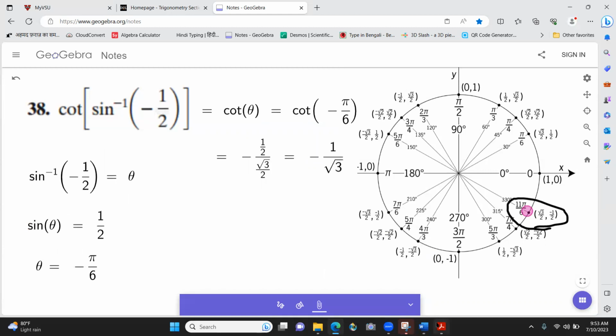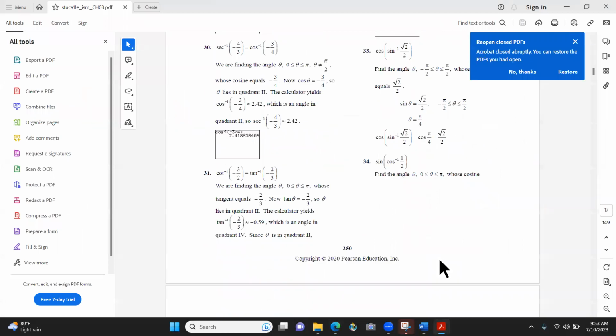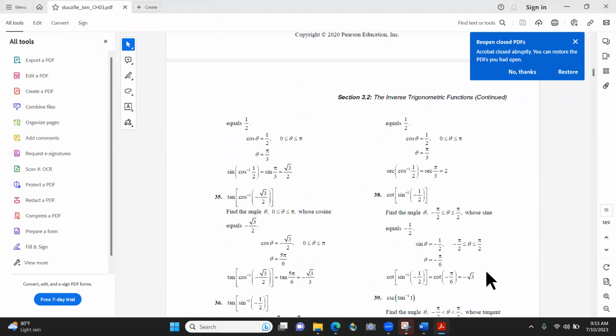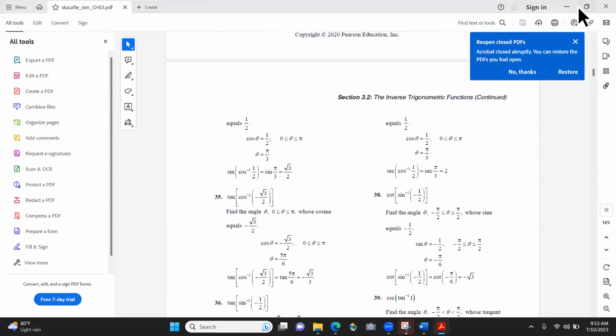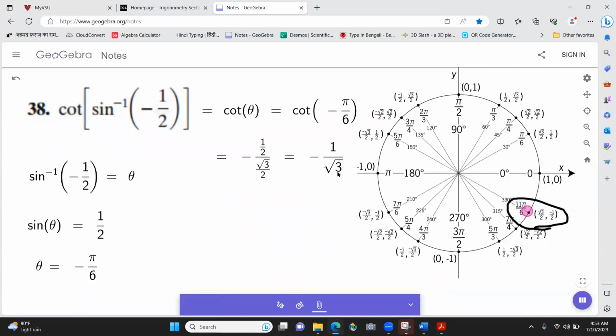Okay. Number 38. Oh boy, what did I do? Let me double check. Cotangent is, sorry guys, cotangent is cosine over sine.